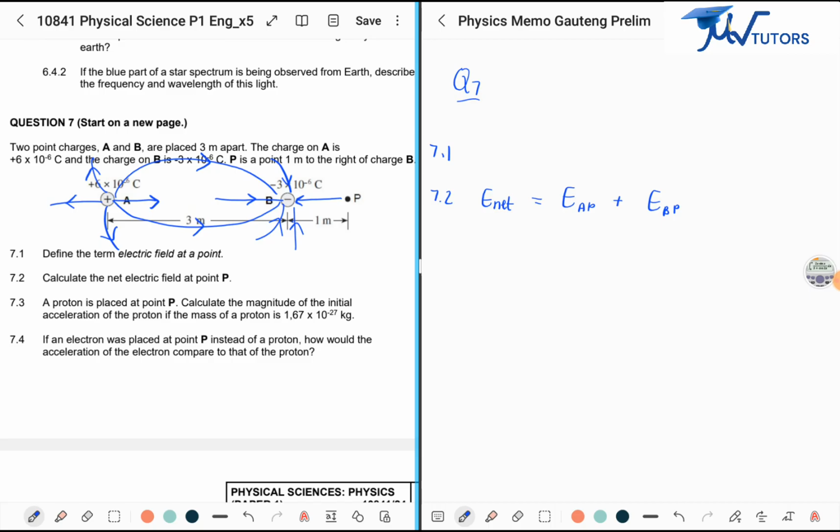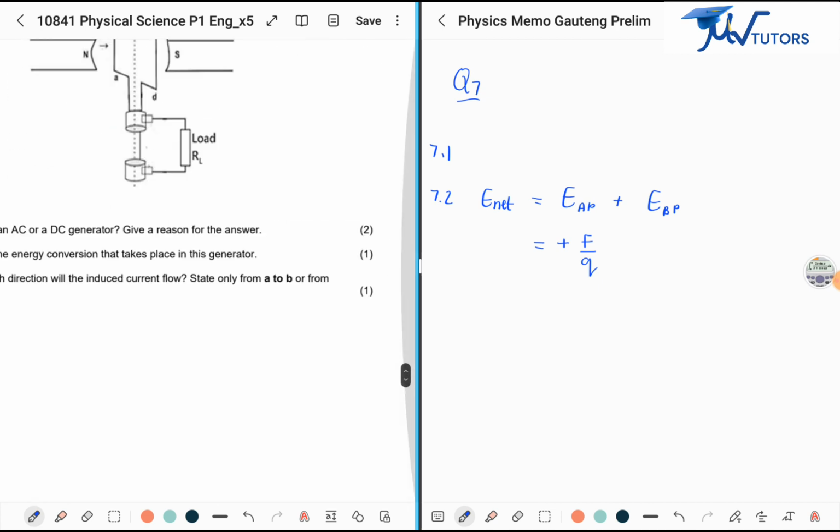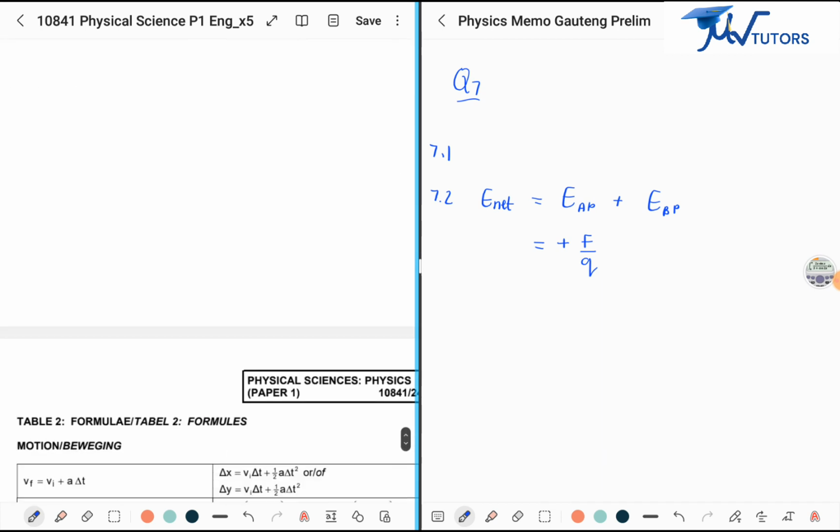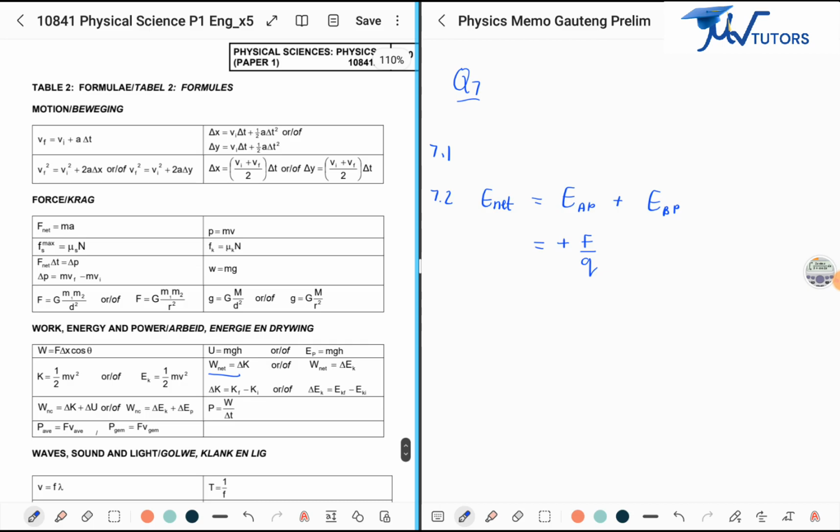So, how does that help us in terms of getting the net electric field? Well, if I choose going to the right as positive, A in relation to P is positive. And remember, according to our definition, the electric field at a point is the force per unit positive charge. But I'm not going to really use that formula because we don't have the electrostatic force.